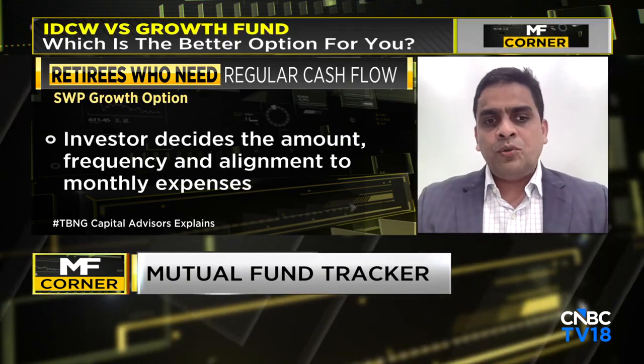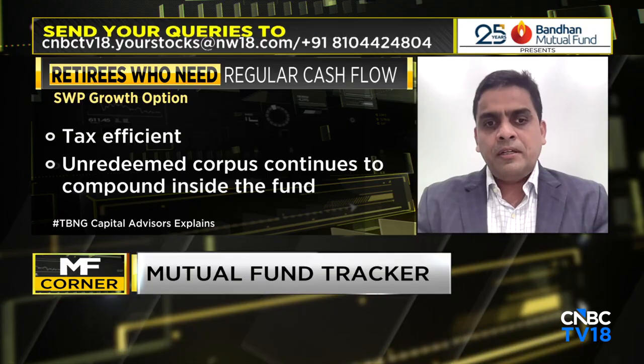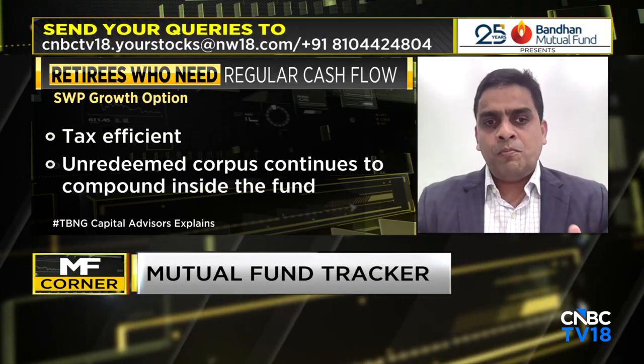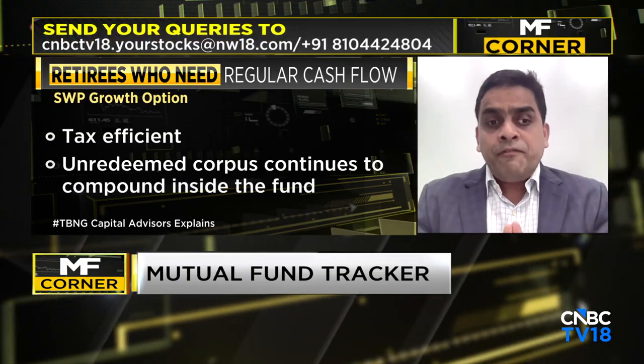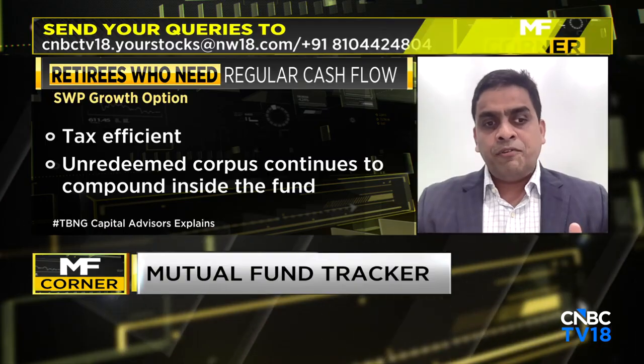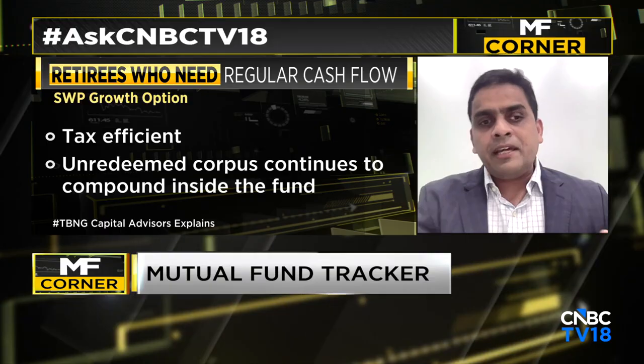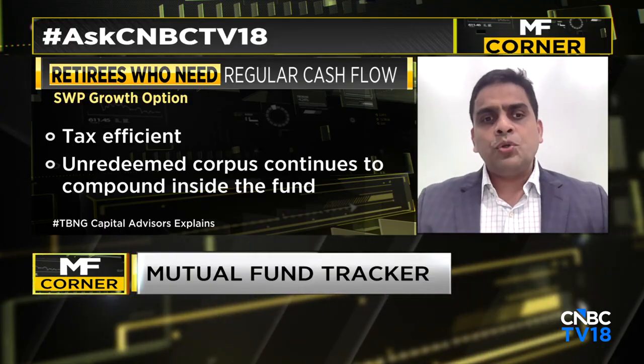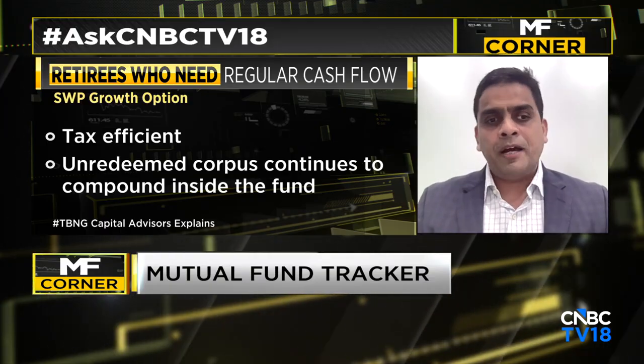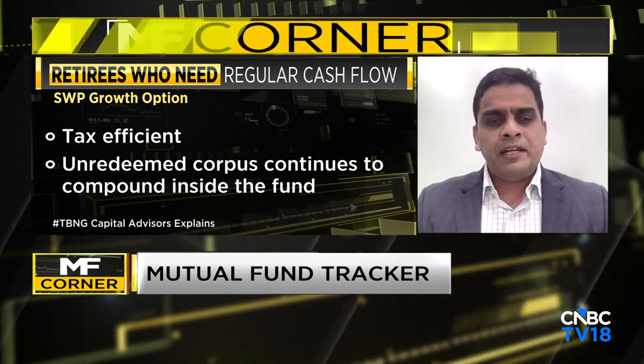Only thing is you need to have a very strong structure. And this 4% safe withdrawal model, according to me, is a very good structure if anybody can build it with 2 to 3 years of contingency of funds, which will take care of bad markets. This will ensure your long-term compounding of funds keeps happening, and you don't have to rely then on options like IDCW.